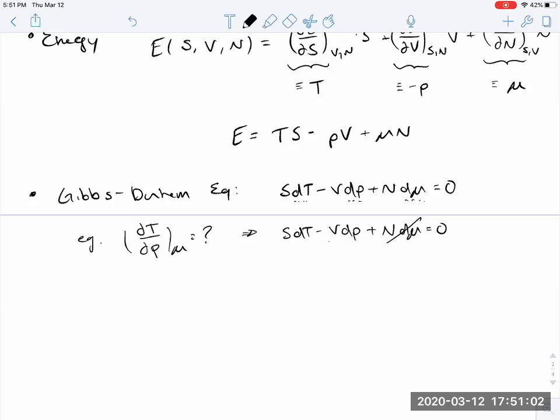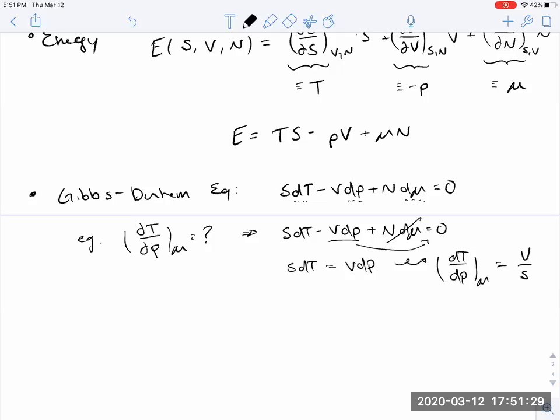I can move V dP over to the other side. I'll have S dT must equal V dP. Or rearranging, I'll get dT/dP at constant chemical potential is equal to the volume over the entropy.